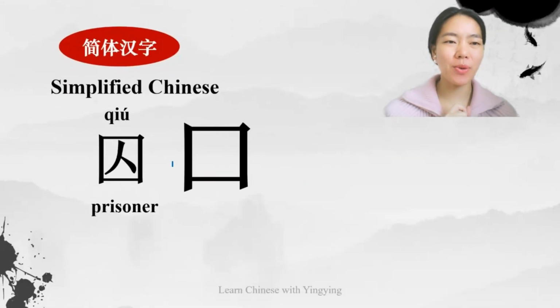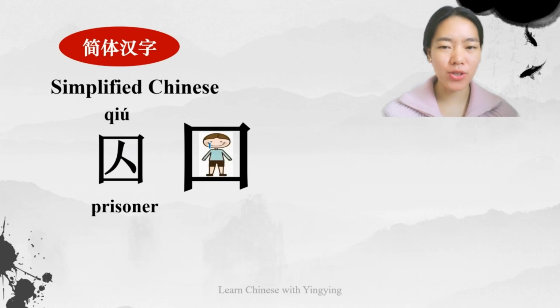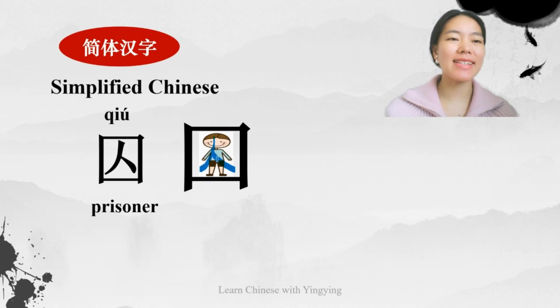So the first word we are going to learn is 囚. 囚. It means prisoner. So do you notice the word inside is a person? We've learned this word in our previous lessons. So you see, if a person is kept in a certain place, it's a prisoner. It's quite easy to understand, isn't it?